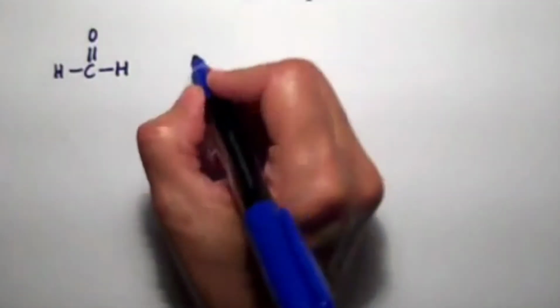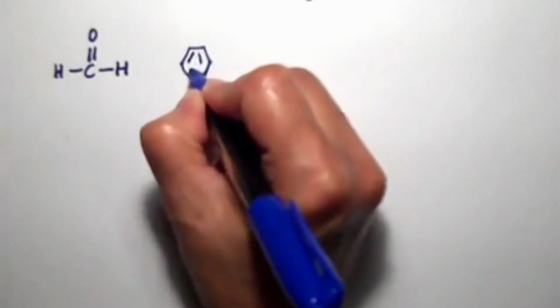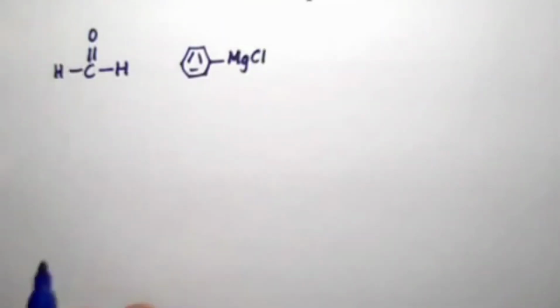All right, let's do a couple of problems in here. Let's attack formaldehyde. Formaldehyde is your most simple aldehyde, and you can attack it with Grignards or organolithiums. So I'm going to use phenylmagnesium chloride.